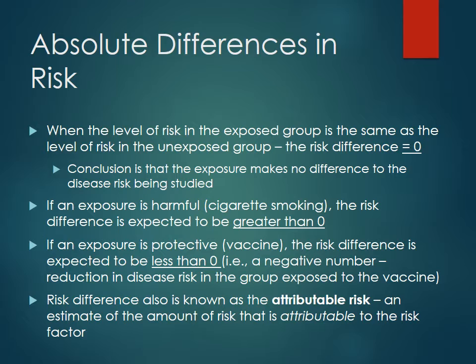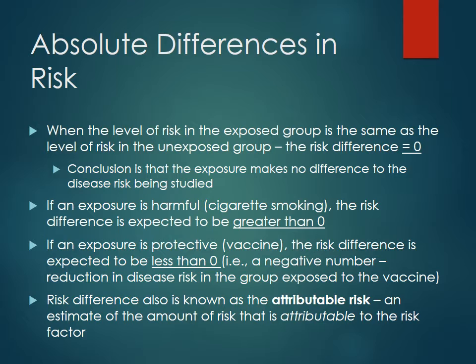On the other hand, if an exposure is protective, something like a vaccine, the risk difference would be expected to be less than 0. A negative number would equal a reduction in the disease risk in the group exposed to the vaccine. So just keep in mind, if you see numbers that are less than 0 or greater than 0, that's going to be changes in either the risk of something occurring or whether it's going to be more protective. So keep in mind what the number really means.